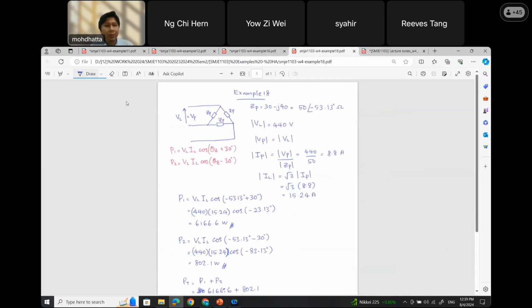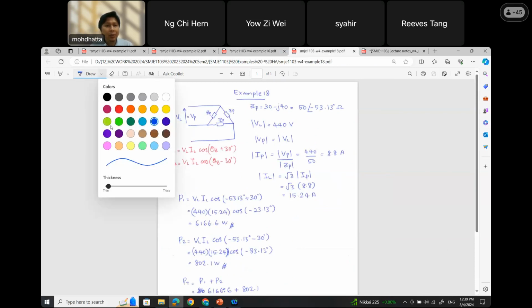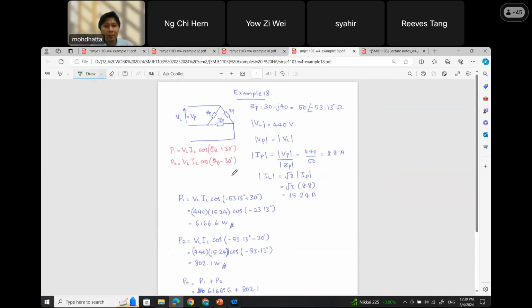What we try to get is to calculate using this equation. However, we lack this information. So if you look at my first step over here, I try to find IL. And if you look at the equation, we don't need the angle of the current, we only need the magnitude of the current.